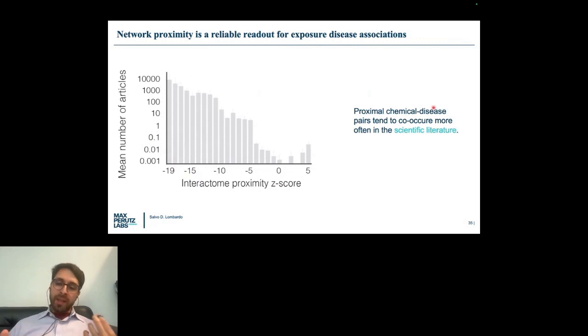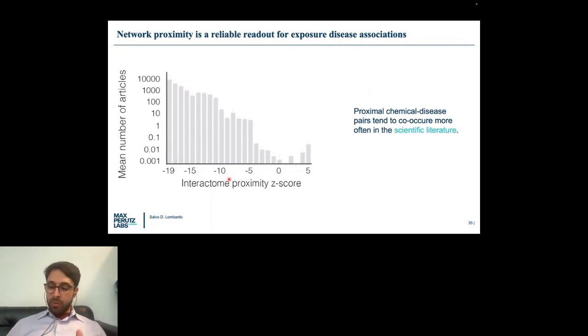And because both the chemical words and the disease words are quite messy, because they use a lot of similar terms and synonyms, we took that into account, so that we could consider synonyms as well. And what we observed was that the closer the chemical exposure and the disease were, the higher the number of articles retrieved that would talk about the same chemical-disease pairs, which was very interesting for us because it would be a way to validate our measure of interactome proximity.